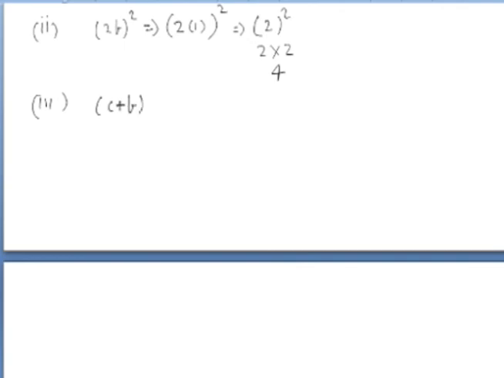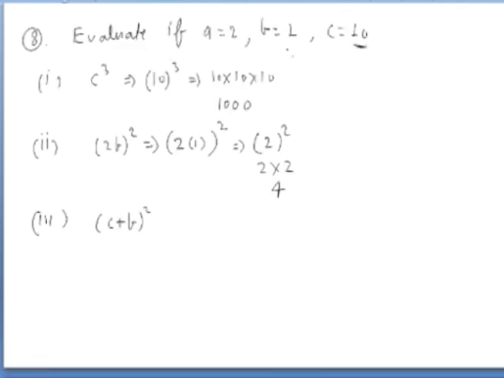Question number third. C plus B whole square. Okay. C plus B, so just put the values of C and B. Value of C is 10 and B is 1. So 10 plus 1 whole square. Just add these two numbers, 11 whole square. So 11 whole square means 11 into 11.